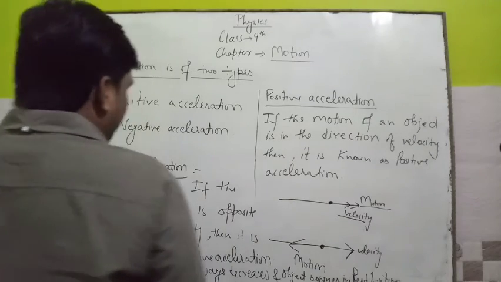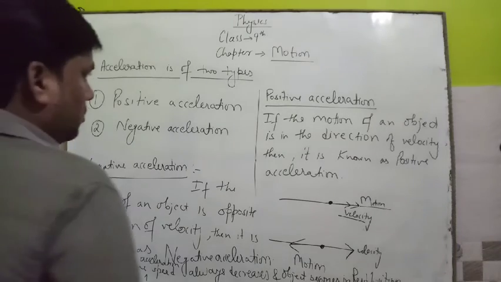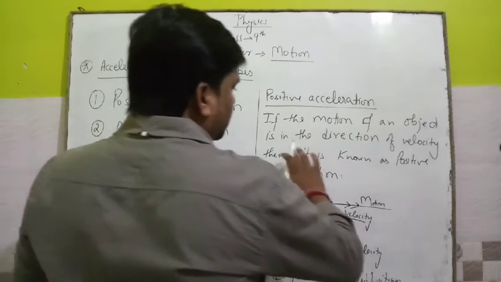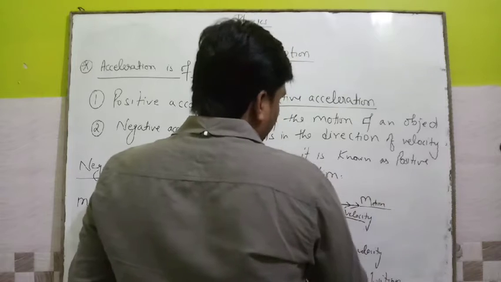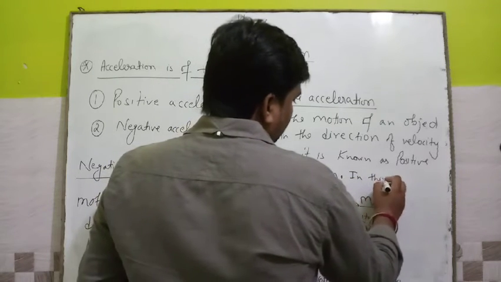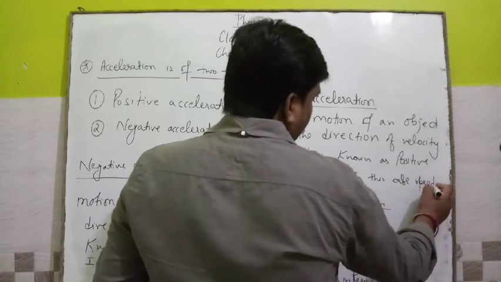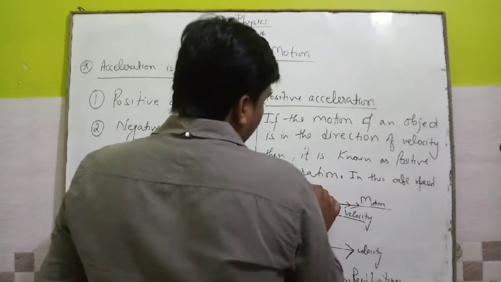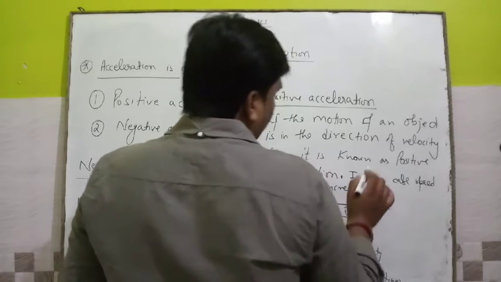You write here: if the motion of an object is in the direction of velocity, then it is known as positive acceleration. In this case, the speed of an object always increases. Clear?